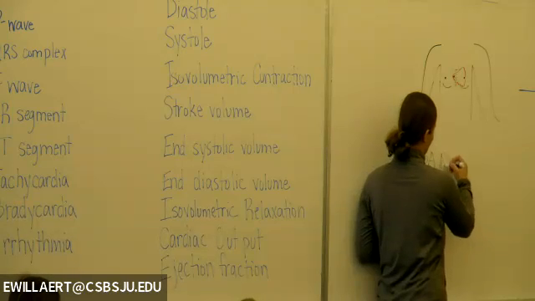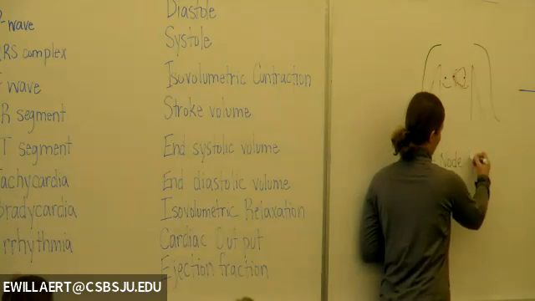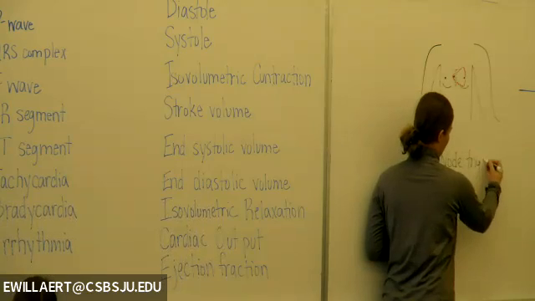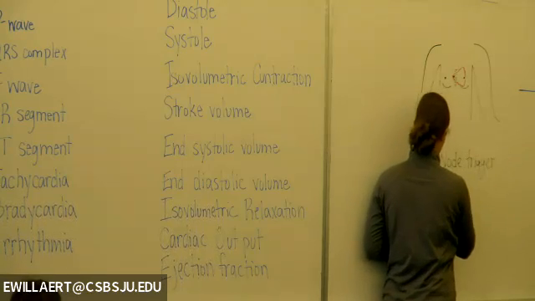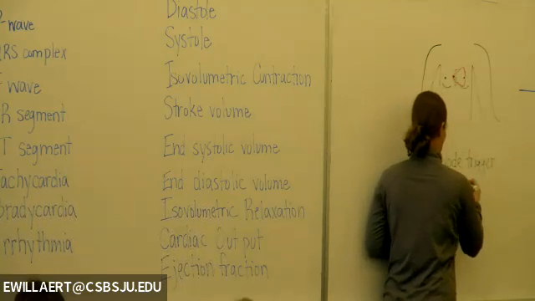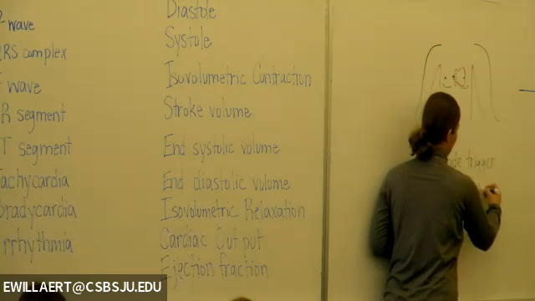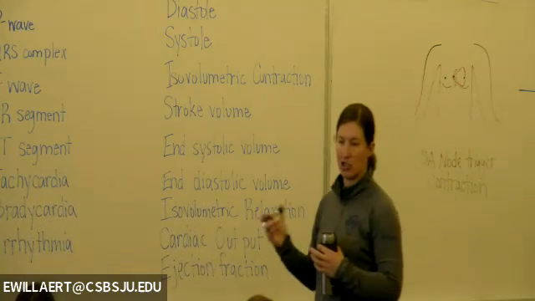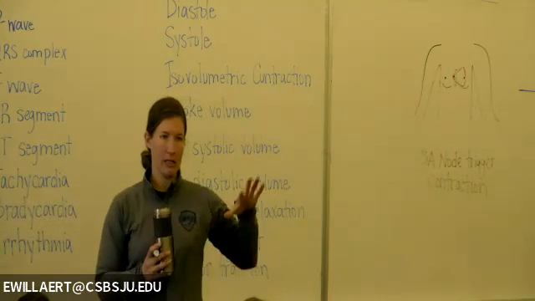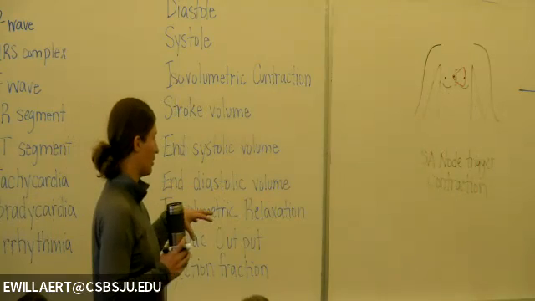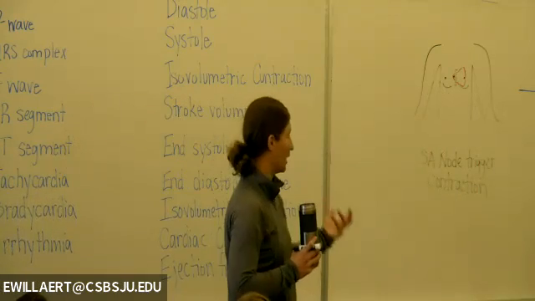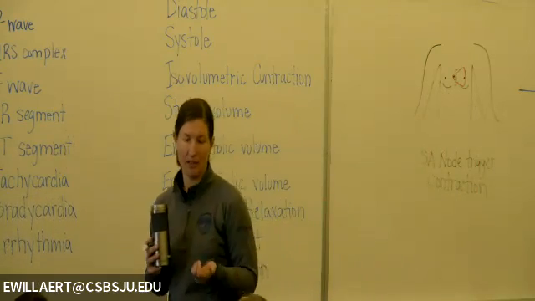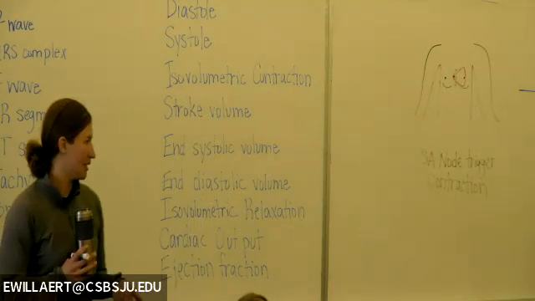And that SA node would trigger contraction. And when we get contraction, we saw that rapid change in charge, right? We were at a negative resting membrane potential. And then in order to get contraction, we changed to a positive membrane potential.